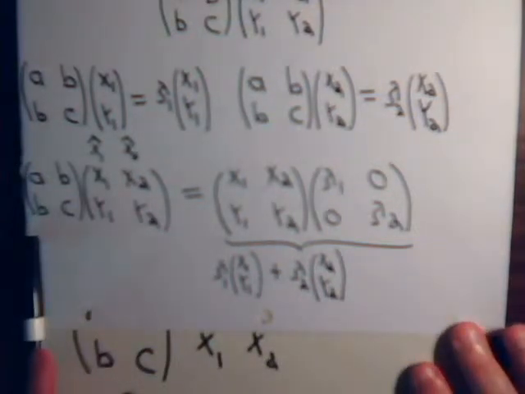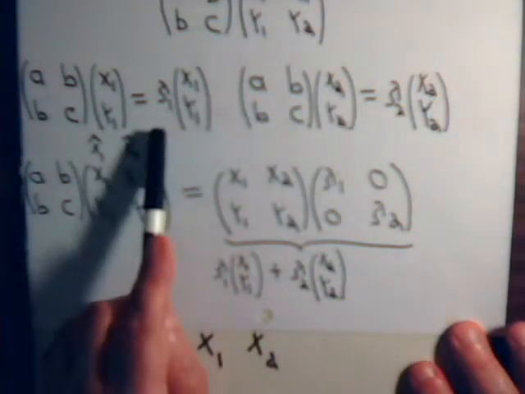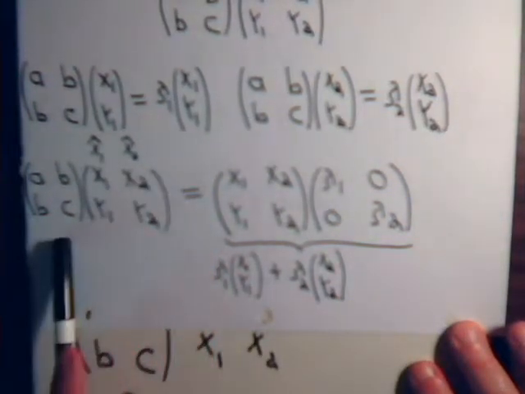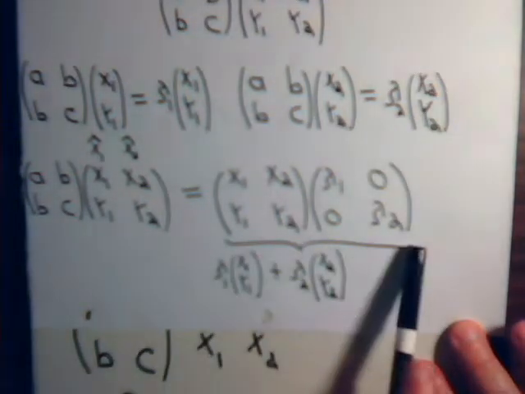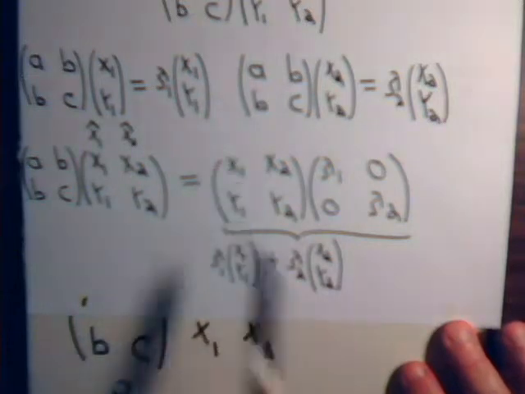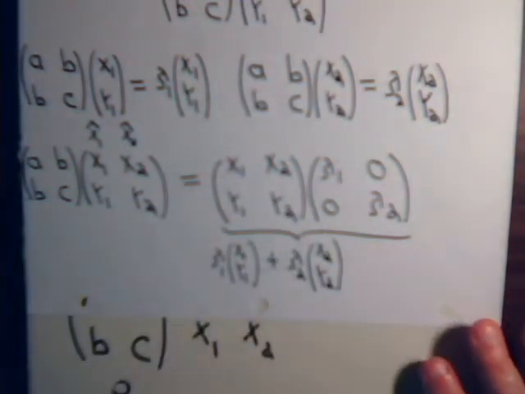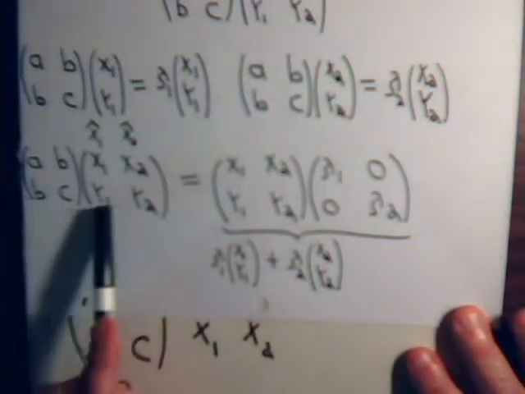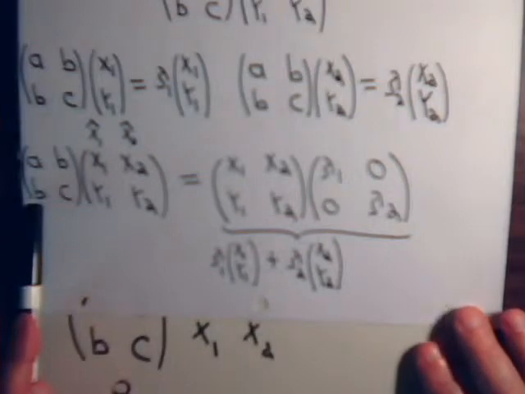Multiplying this just gives us lambda 1 times this column vector plus lambda 2 times this column vector. Well, if we do this multiplication, it gives us the same thing. So we get this equation right here, just as we had done previously in video number 17.